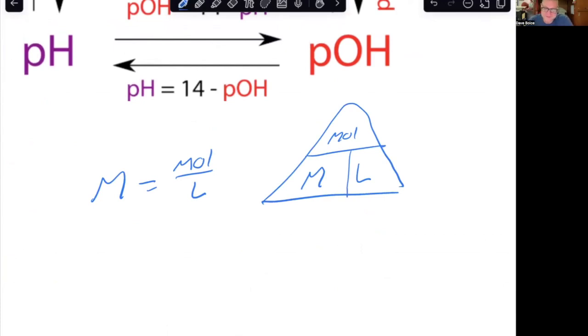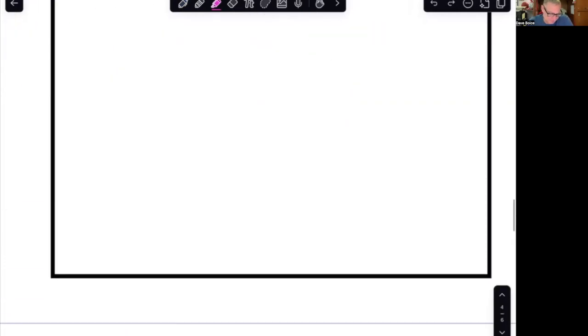So you can't really see this on the screen, but let's just say I covered up moles, and what I'm left with is M times L. If I cover up liters, then I'm left with moles divided by molarity to solve for liters, and so forth. So as long as you have two, you can solve for the third.